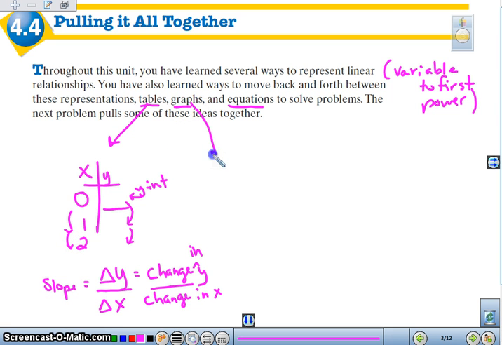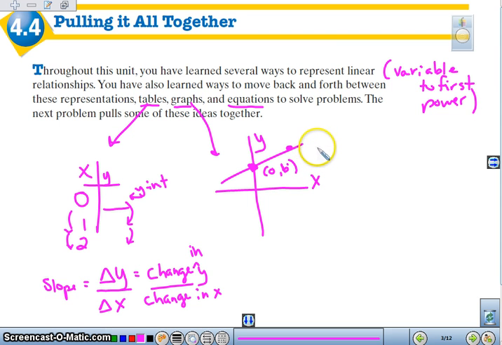When we look at a graph, you're always looking at your y and x axis. And when you look at your graph, you are simply trying to find what is your y-intercept. The other thing you're looking for is what is your rise to run to the next point. So that's our slope. So always finding our m, which is always the rise over the run.